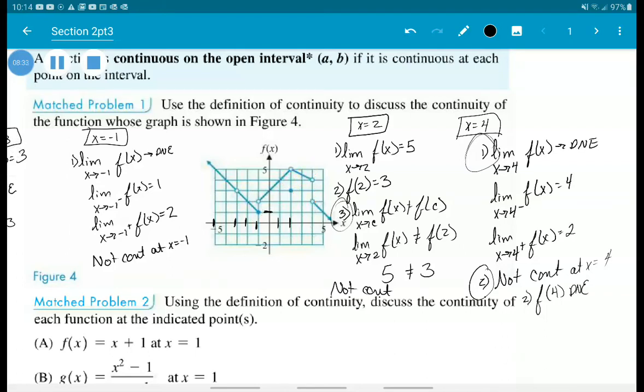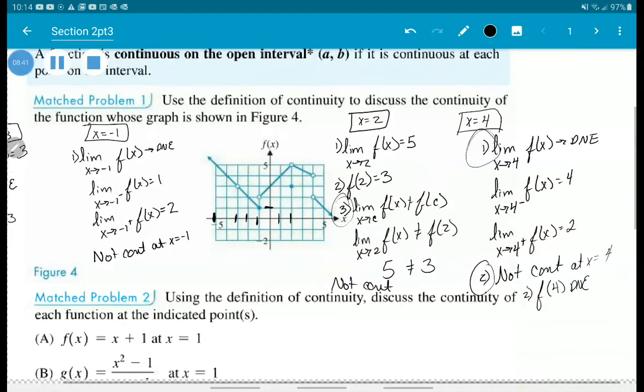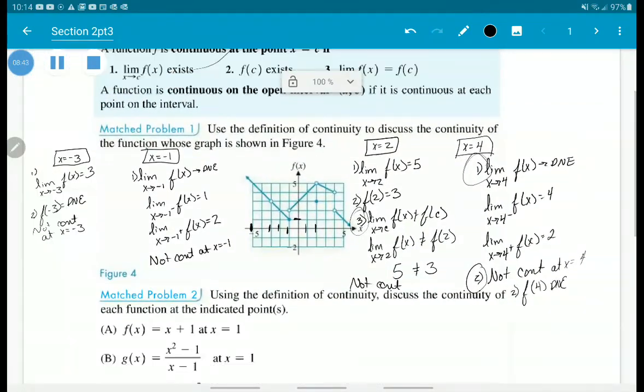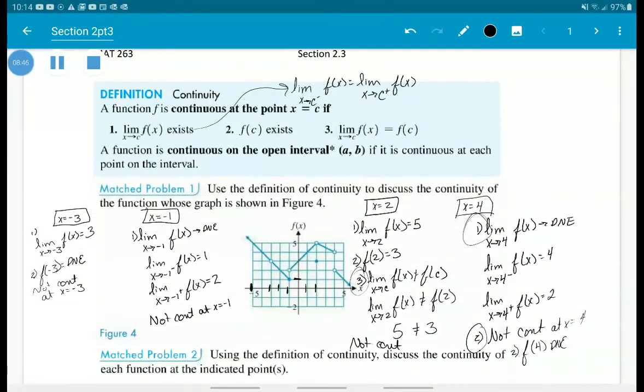So now let's go back and look at, what if we looked at x equals -5 here? Can we show that it would be continuous at x equals -5? So I'm going to go up here and write this. So first off, the limit has to exist.